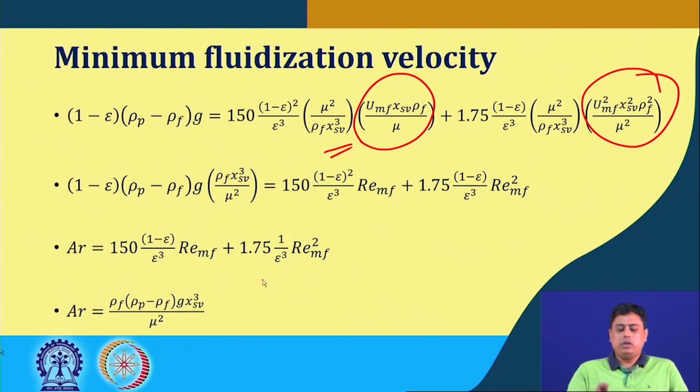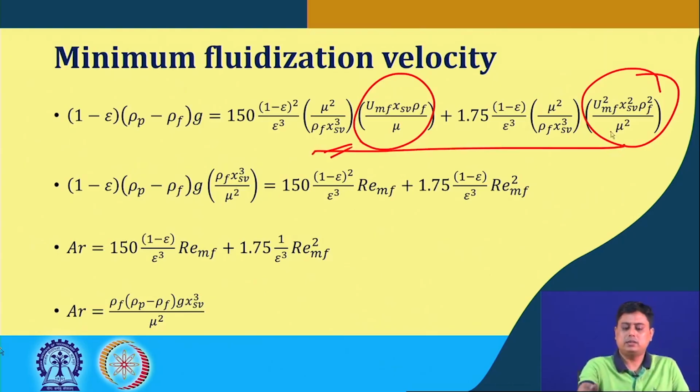If you do this, this is nothing but the particle Reynolds number at the minimum fluidization velocity. This is the Reynolds number squared.